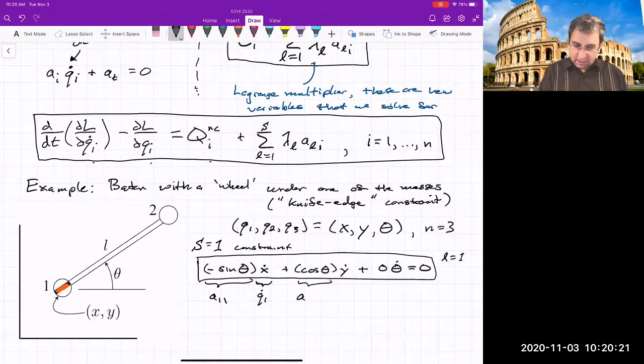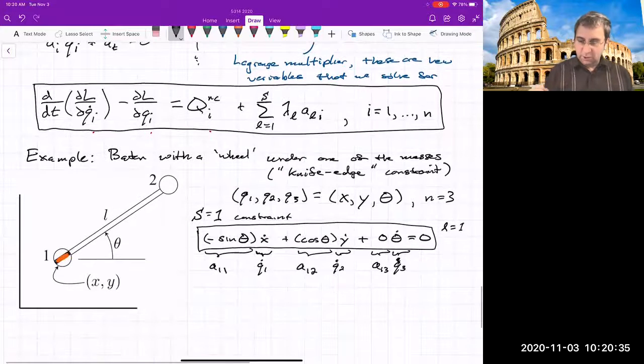This is A1,2, and this is q2 dot. And this is A1,3, which is 0, times q3 dot. So it's in that form.